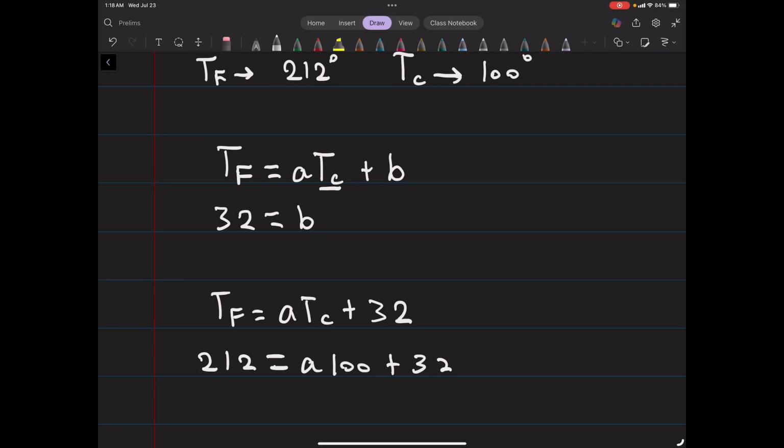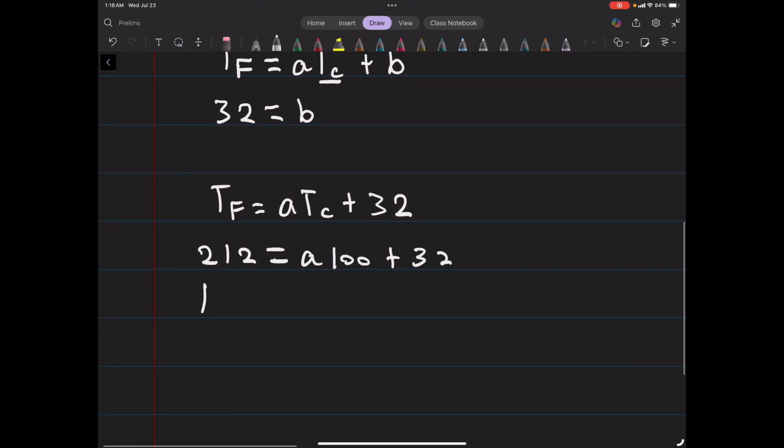In this case we're simply going to solve for A, which means I have to get a calculator. So 212 minus 32 is 180. So we have 180 equals A times 100, right?